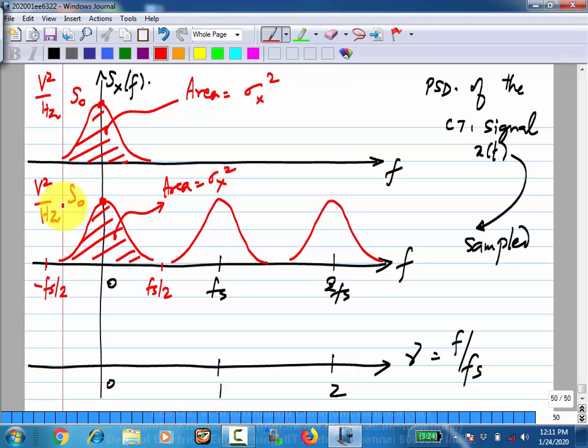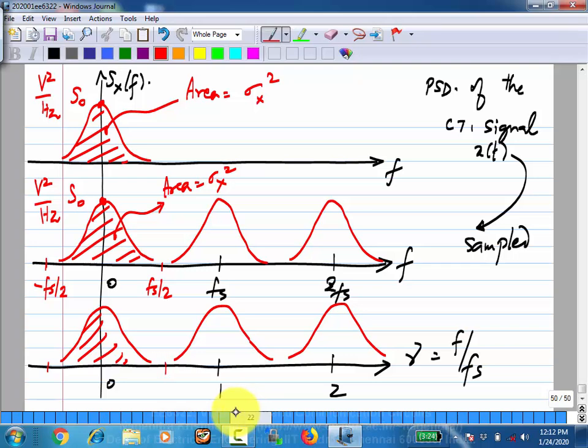And if I plot it versus this relative frequency nu, f by fs, normalized frequency, what will that be? What will the spectral density look like? The shape of course remains exactly the same. Okay.